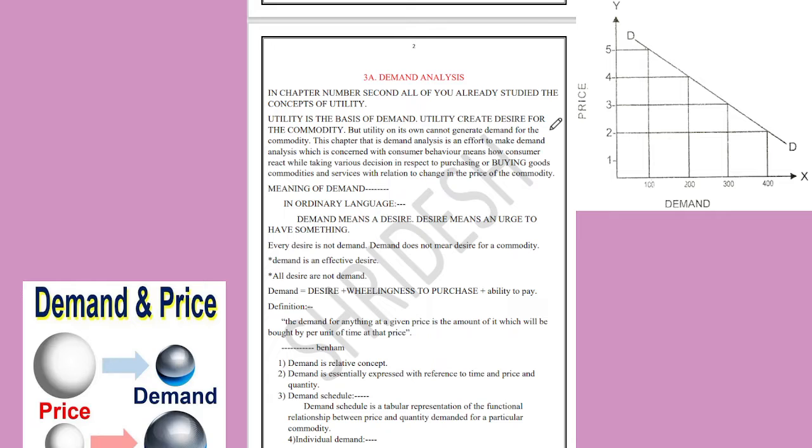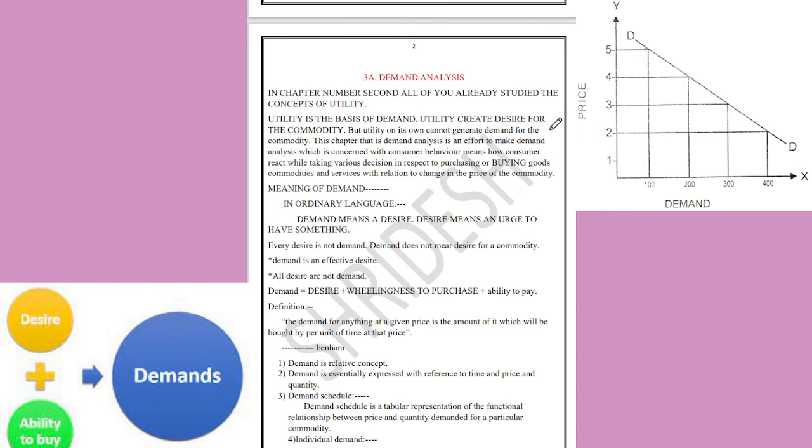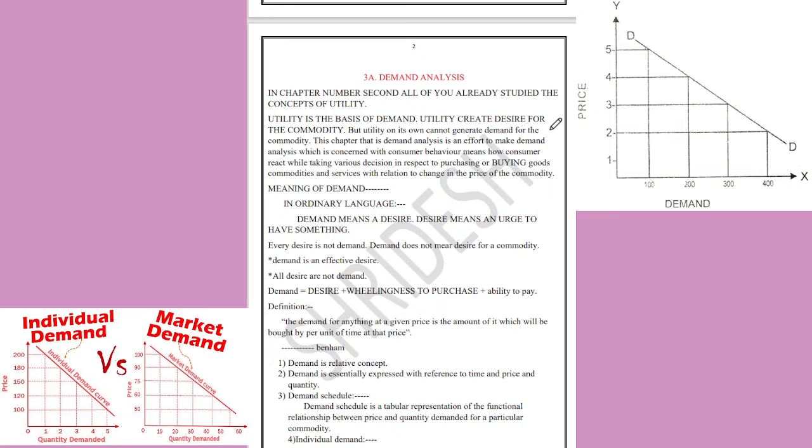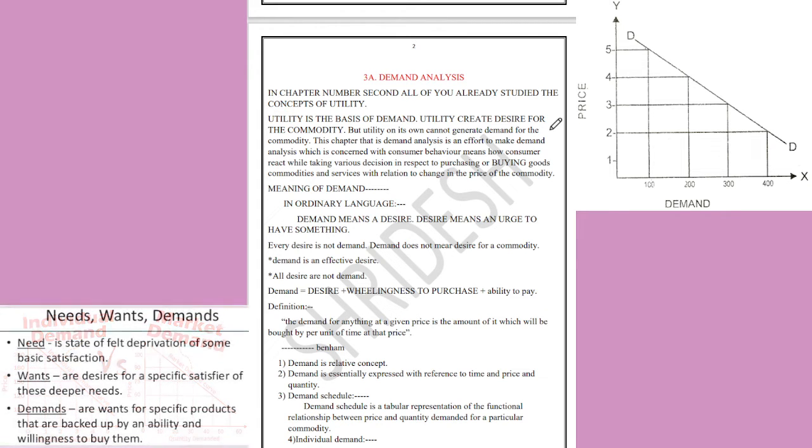So utility means the want-satisfying capacity, the want-satisfying power of a commodity. When any consumer demands a particular commodity, the commodity possesses the capacity to satisfy human wants.